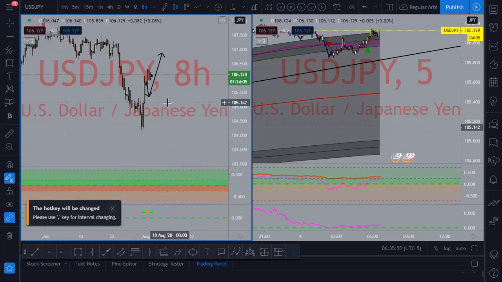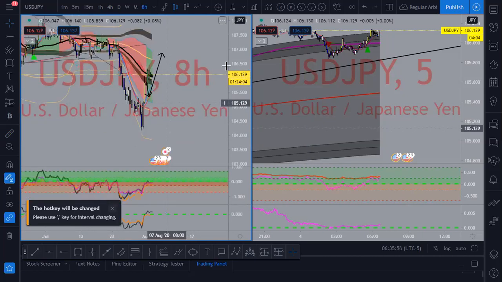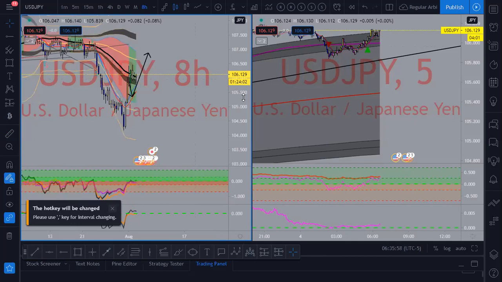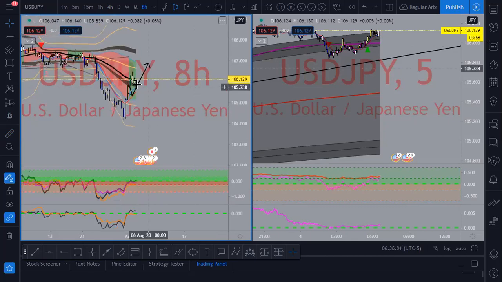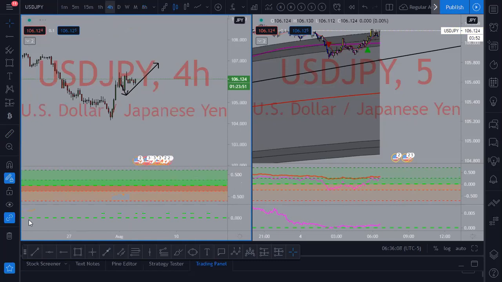Not really liking any of these. I mean, nobody really trades on an 8 hour time frame, nobody. But I could still see this potentially going bullish, but I just don't like to trade unless I get that retest. That's just how I trade with arbitrage.